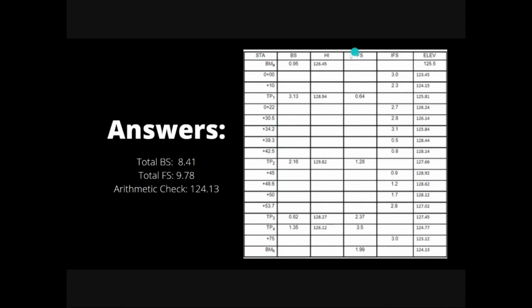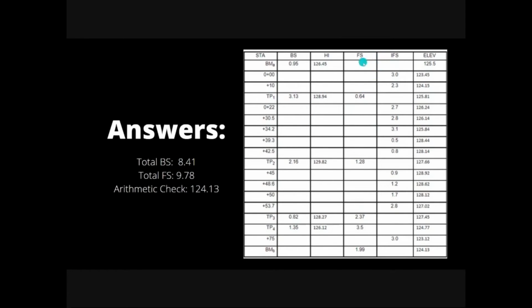Notice that I made a new column. It is to avoid confusion, because if you put it here, there's a tendency that you might use 2.3 instead of 0.64 as the value that we need to add in order to get the total foresight.